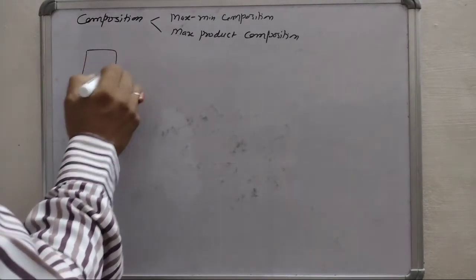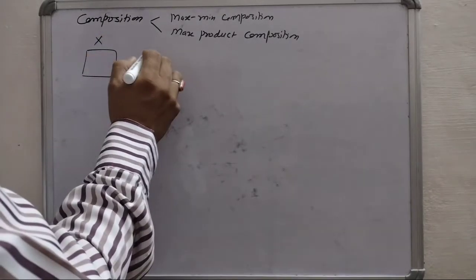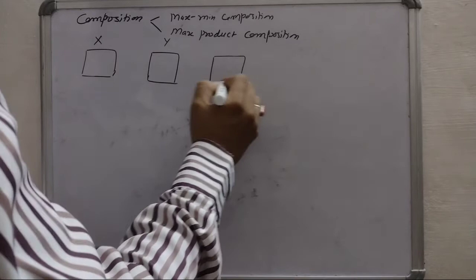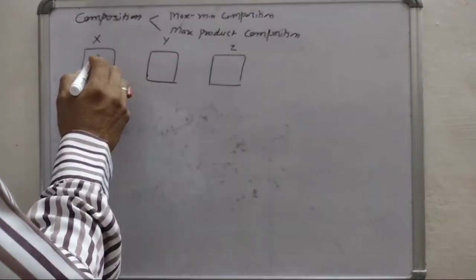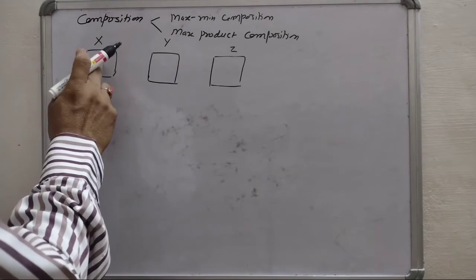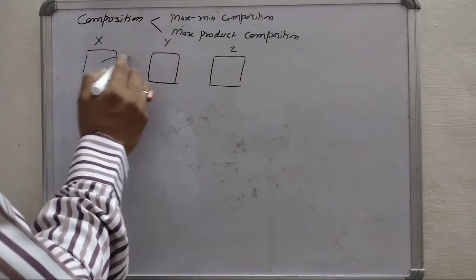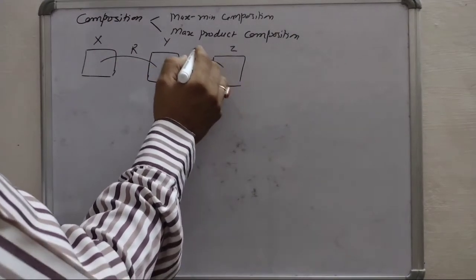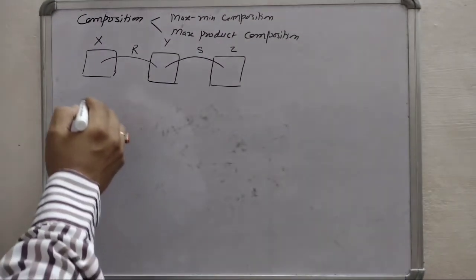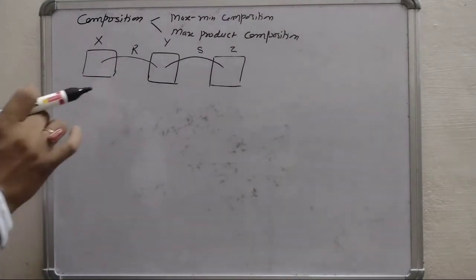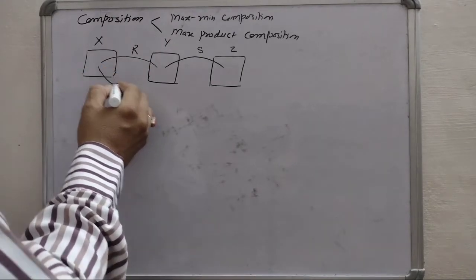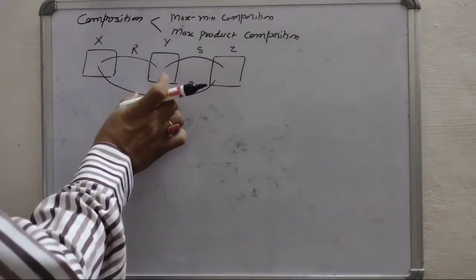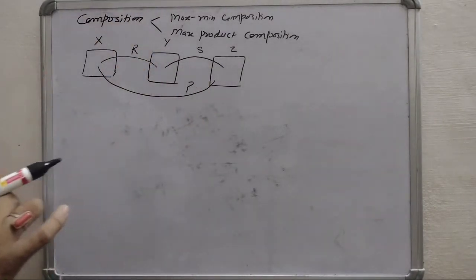Suppose there is one universe X, then a second universe Y, then a third universe Z. Suppose elements of universe X are related to elements of Y through relation R, and elements of Y are related to elements of Z through S. So we have to check whether the elements of X are related to elements of Z also. This is what we have to calculate. For that purpose the compositions are used.